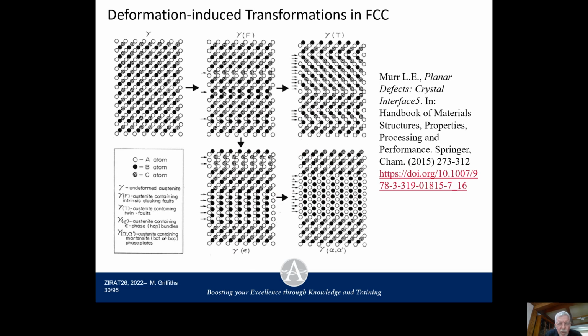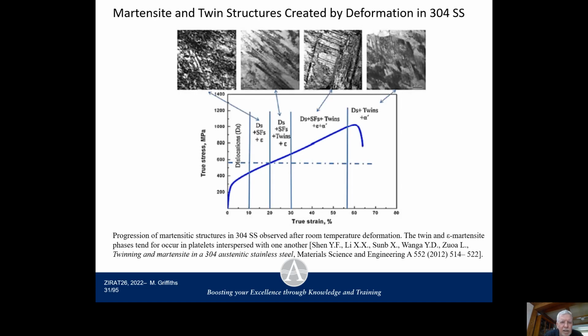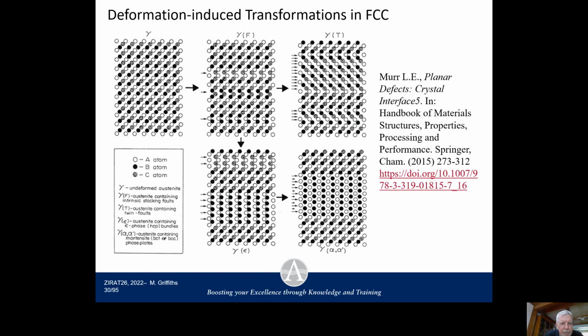And this guy, Moore, has done a nice job in summarizing the kind of transformations one can get. You can start off with austenite. You can create faults, and that would be like a Shockley partial shear. And then if you carried on the fault on each successive plane, if you sheared on each successive plane, you get a twin.